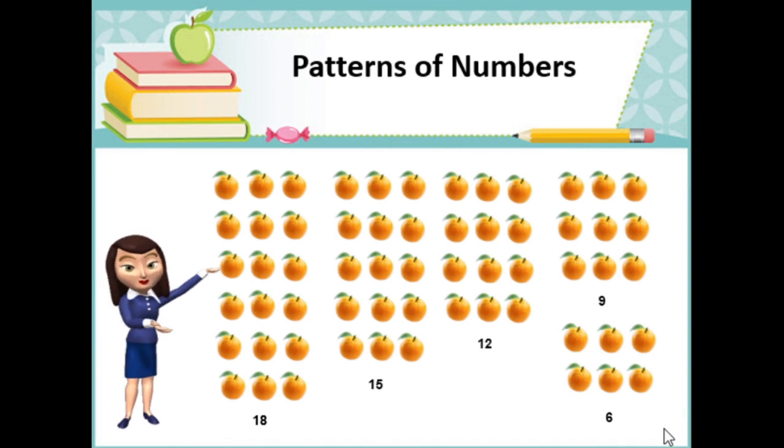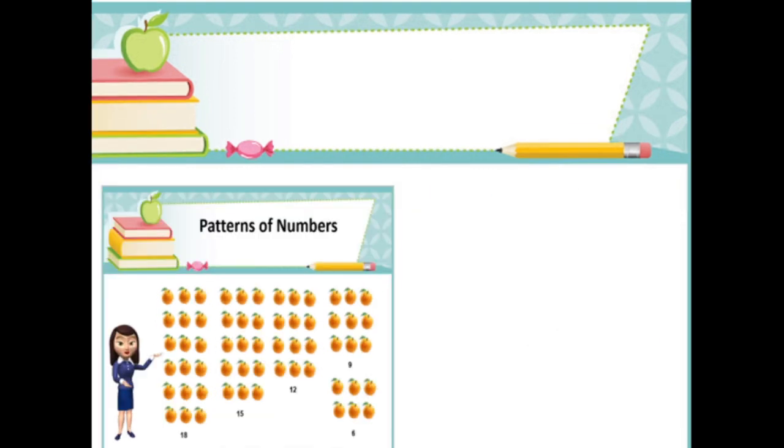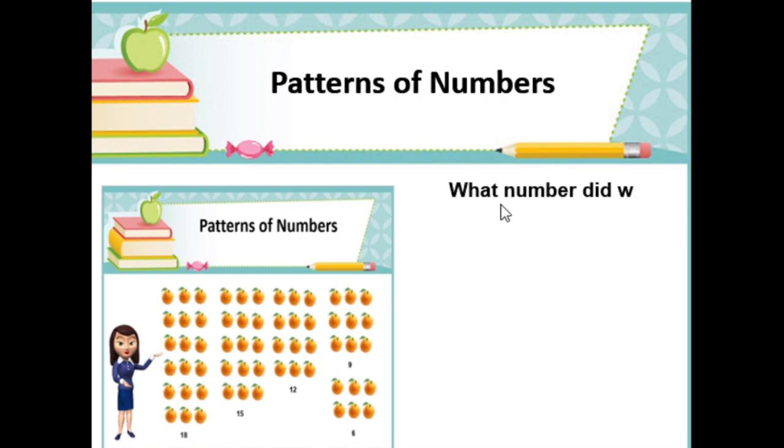What is the pattern for these numbers? Going back, what number did we start counting?